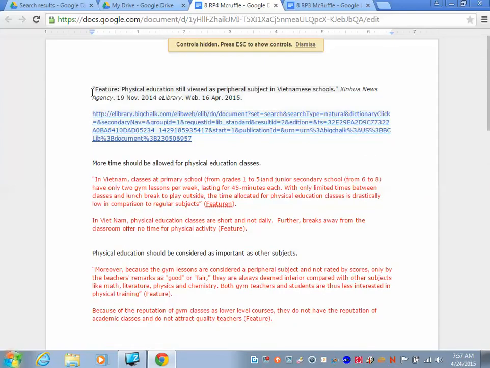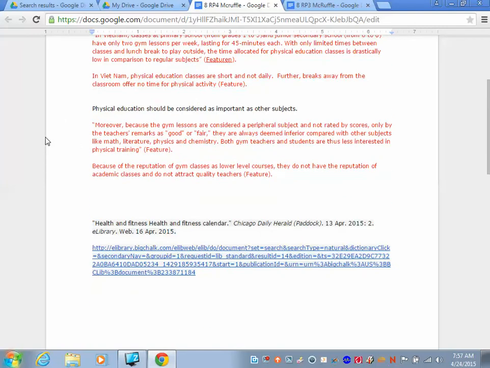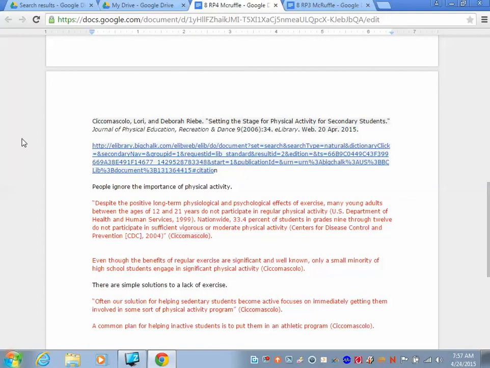It will have your MLA followed by your link, topic sentence, fact, same fact, topic sentence, fact, same fact. Then you're going to have MLA, link, topic sentence, fact, fact, topic sentence, fact, fact. And that's what it should look like. And that is RP4. Thank you very much.